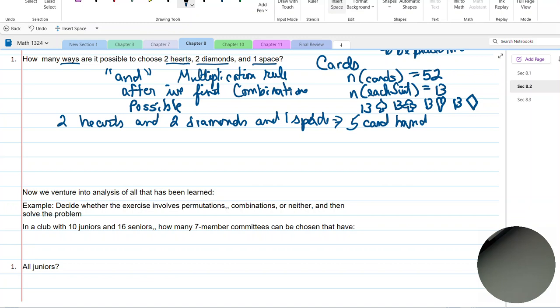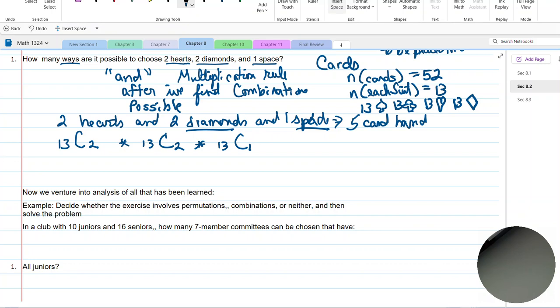We have 13 hearts and we're choosing 2, and we have 13 diamonds and we're choosing 2, and we have 13 spades and we're choosing 1.